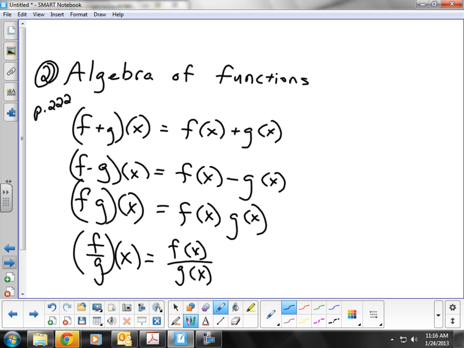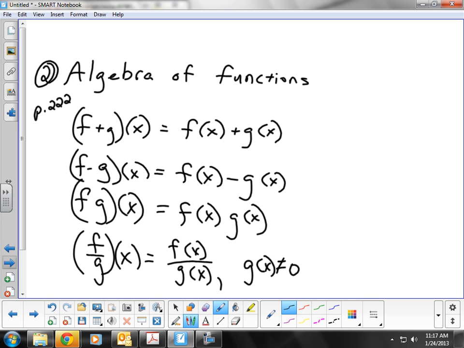Now, there's a problem with this one, right? Because the minute I did the division, it turned into what? A fraction, and the fraction cannot have what? A 0 in the denominator. So this is only true so long as g of x is not equal to 0. And so you're always going to have a domain restriction on the division problems. Everybody hear what I just said?